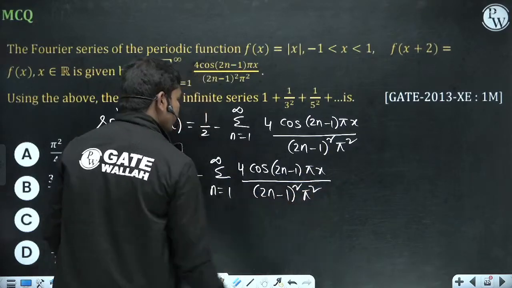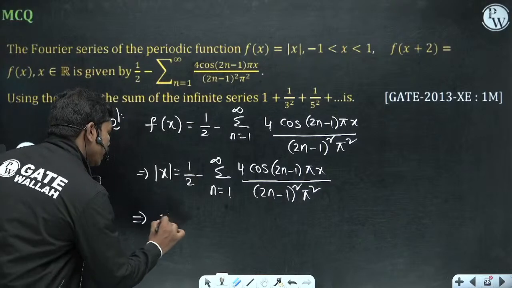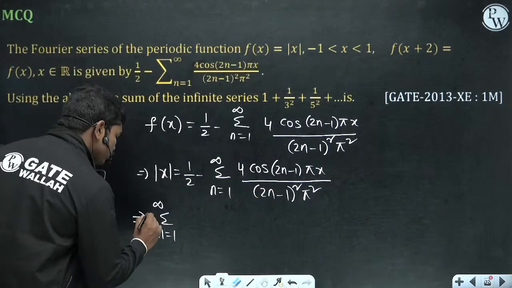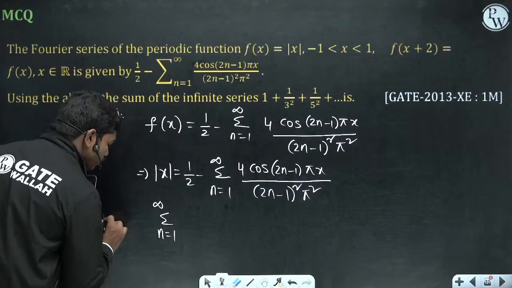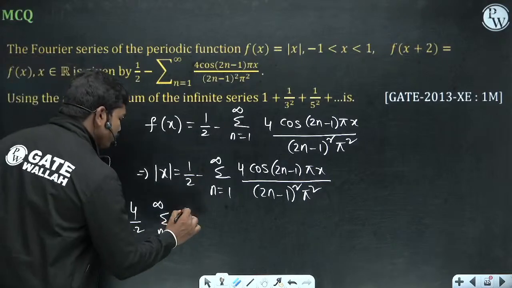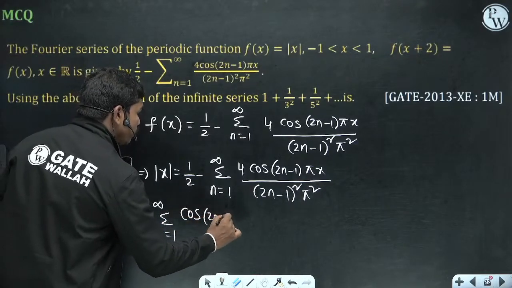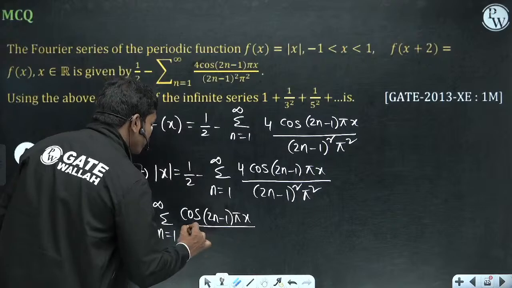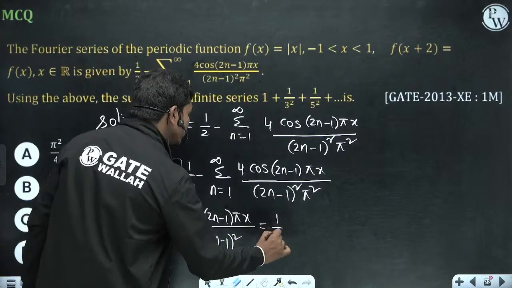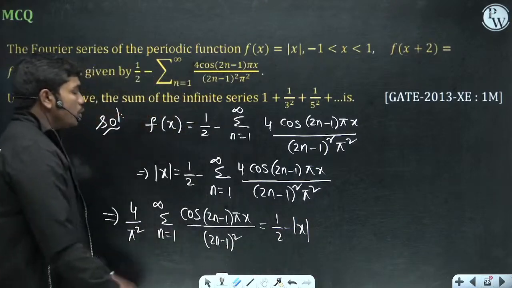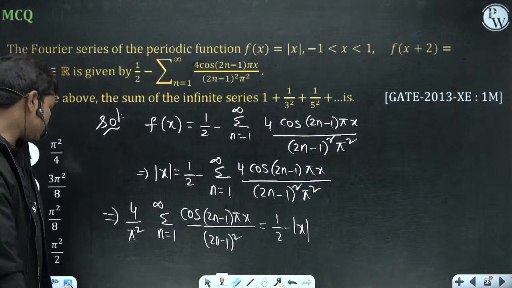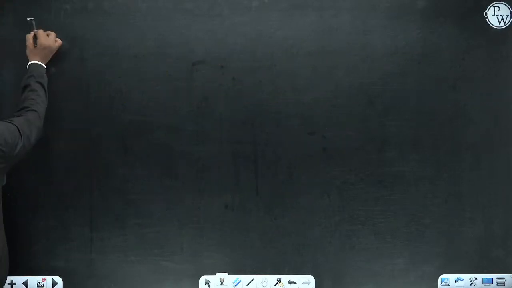Basically, in this series, sigma n equal to 1 to infinity, if you take out 4 by pi square, we get 4 by pi square into sigma n equal to 1 to infinity cos (2n minus 1) pi x by (2n minus 1) whole square, is equal to 1 by 2 minus mod x. Now you want the series 1 plus 1 by 3 square plus 1 by 5 square and so on.